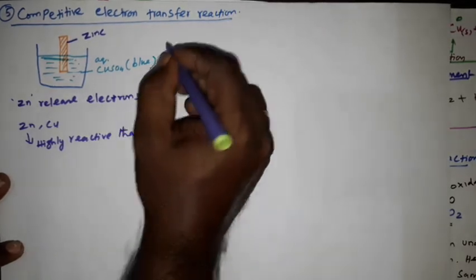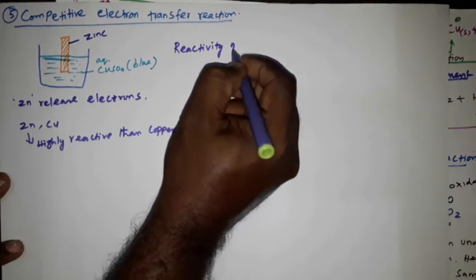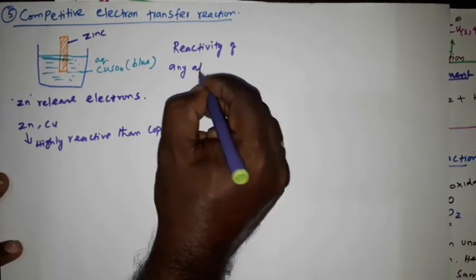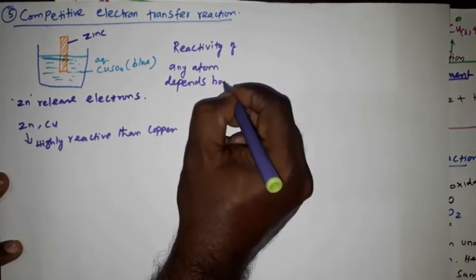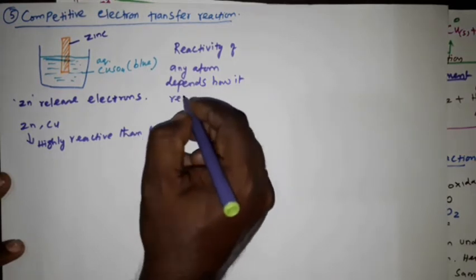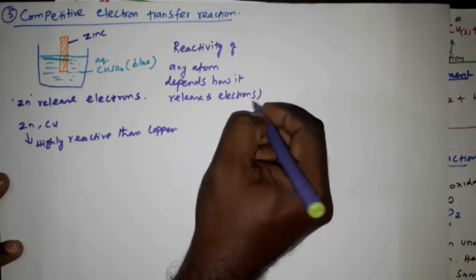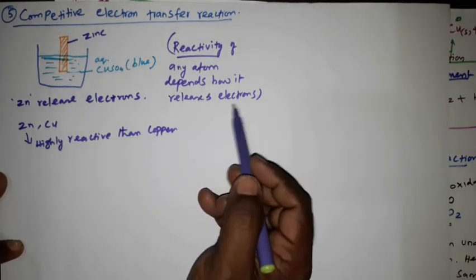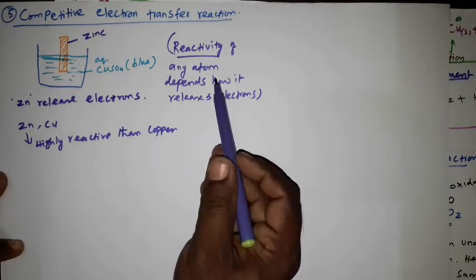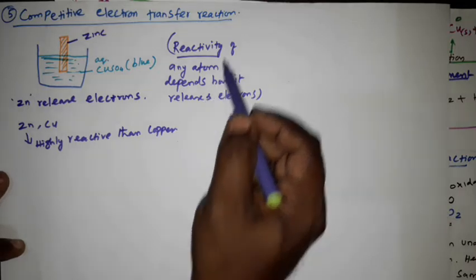So the reactivity of any atom depends on how it releases electrons. If any atom releases electrons readily, that is highly reactive. If any atom releases electrons very slowly, that is called less reactive. Clear? That is the concept.